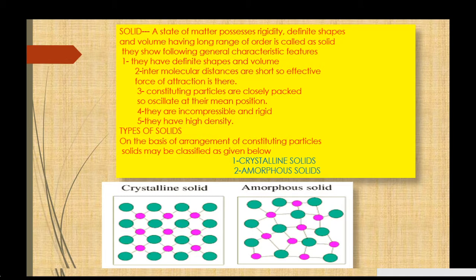The crystalline solid may be defined as those solids which have definite geometrical shape, sharp edges, flat faces, and long range order of arrangement of constituting particles. Solids which have definite geometrical shape, sharp edges, flat faces, a long range order of constituting particles are called crystalline solids.